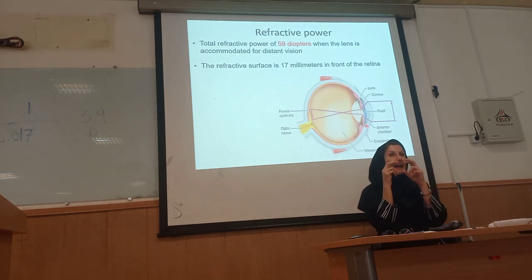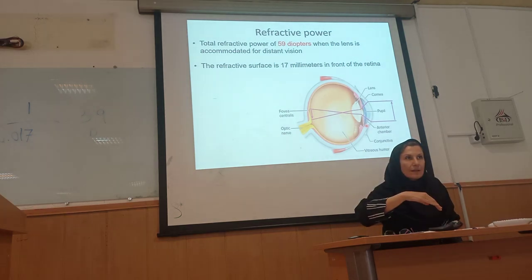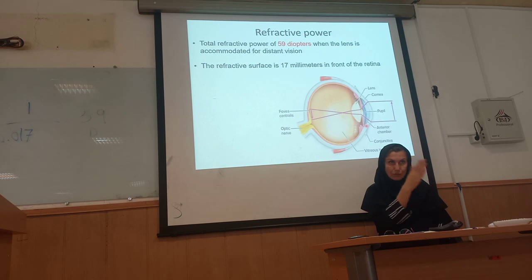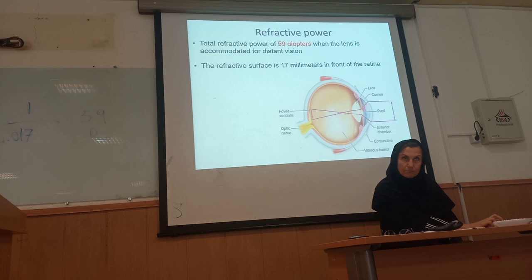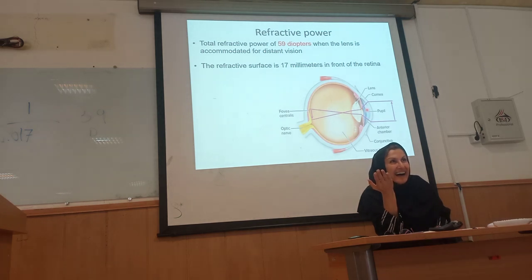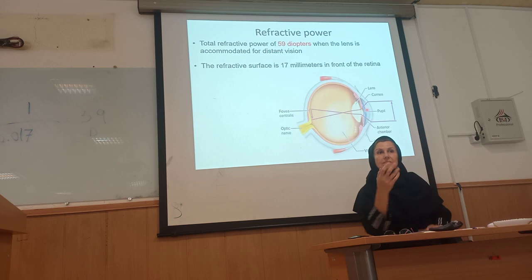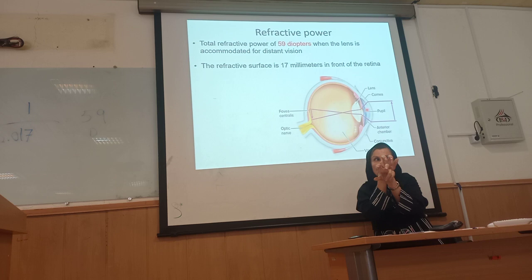Which one can bend light rays more? Cornea. Your reference said lens. I said no. This is cornea. But why cornea? You can see here also. Why? You explained before. Because of the bending of light due to change of medium, the differences of medium on two sides of the cornea.